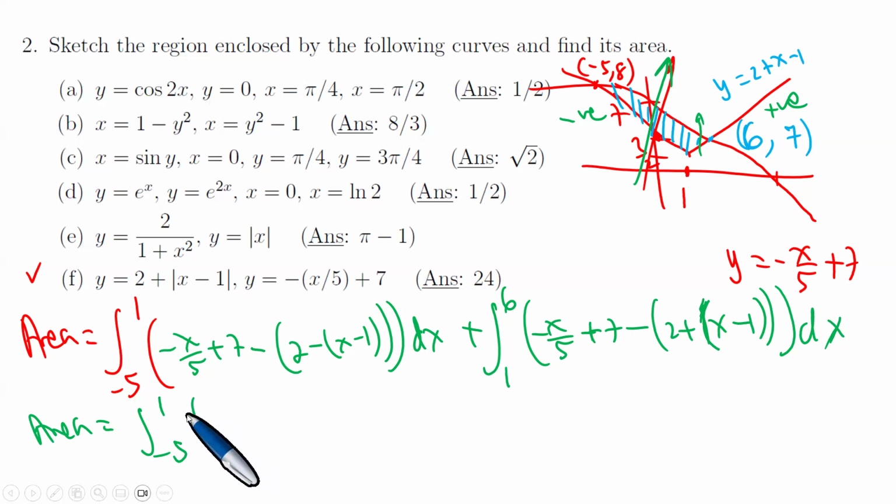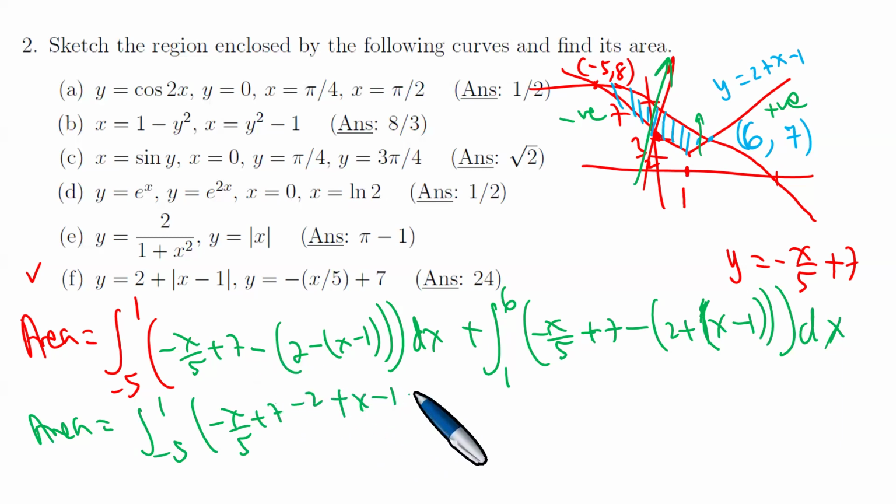So we continue. Okay, if we continue, we get minus that: minus x over 5 plus 7, minus 2 plus x minus 1.